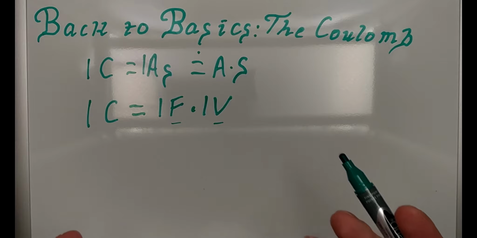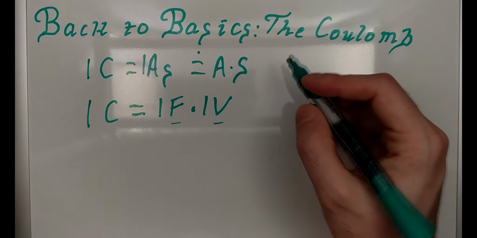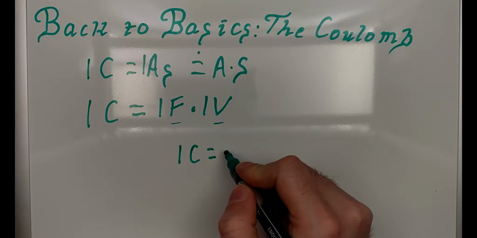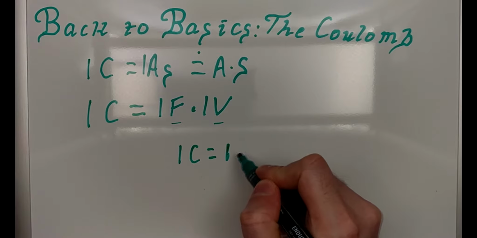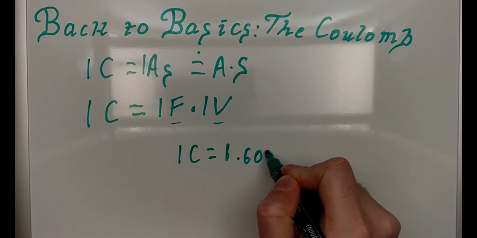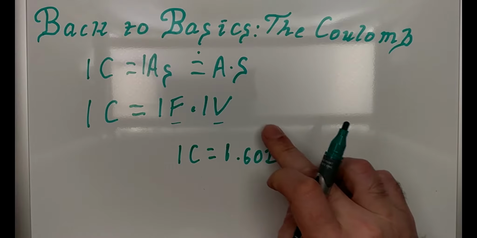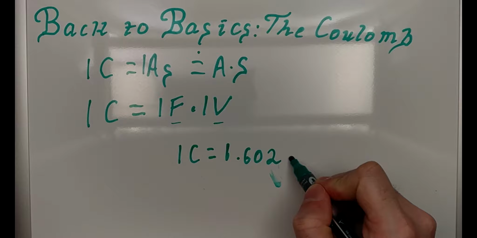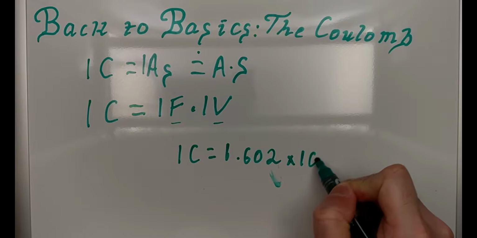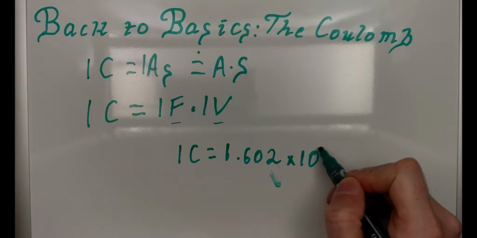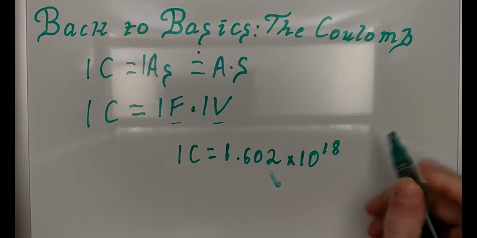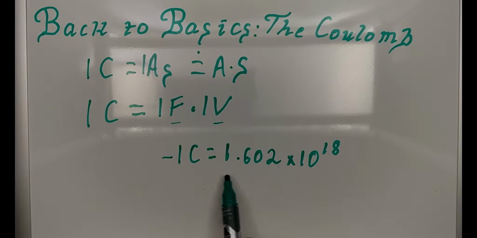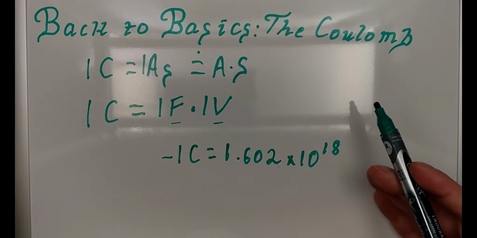We can also define the Coulomb, and this is where things get a little interesting. 1 Coulomb has an equivalent charge of this really long number, 6.242 times 10 to the 18th electrons.